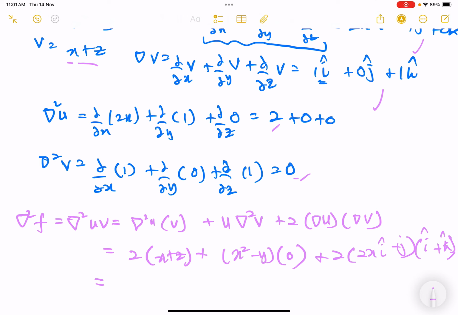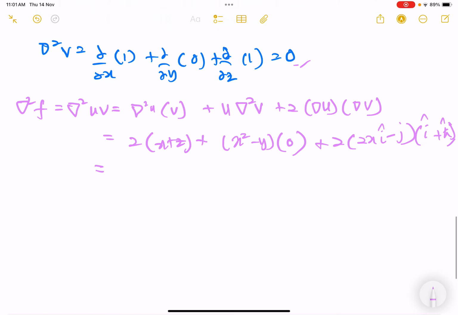So this is minus g. Okay, since this is multiplication, wait a minute, 2. Okay, how can we simplify this thing? This is a dot vector, right?